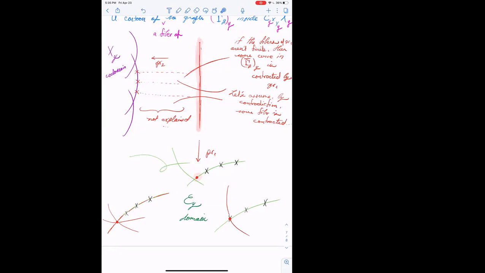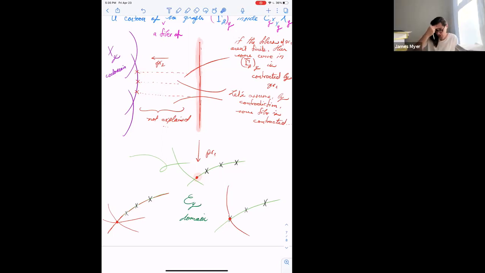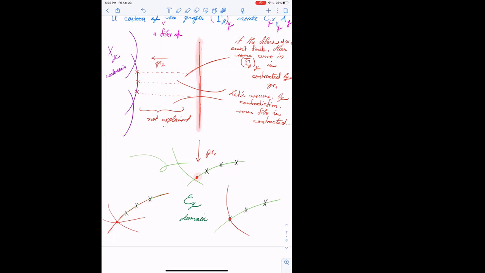No, it's the vertical one that comes from taking the closure. I'm not sure either. Actually, the picture is a little bit vague for me now too. Usually the way that a vertical fiber like this comes up is when you take the closure. Right. Exactly. Yes. But the other ones are not.